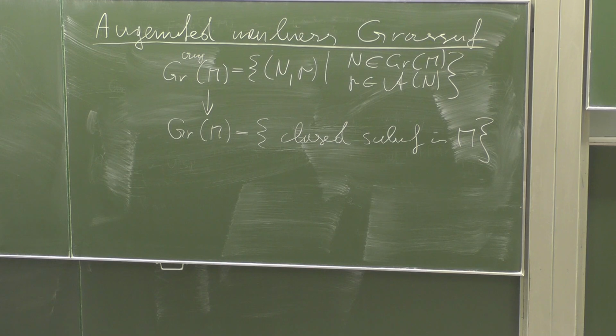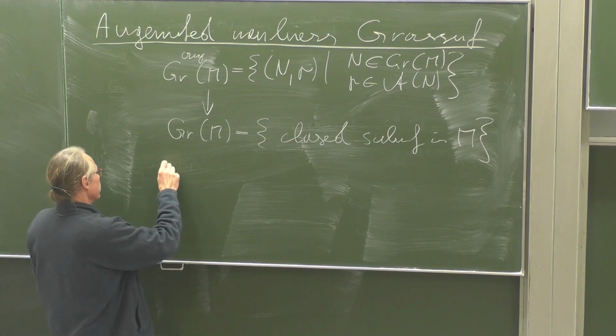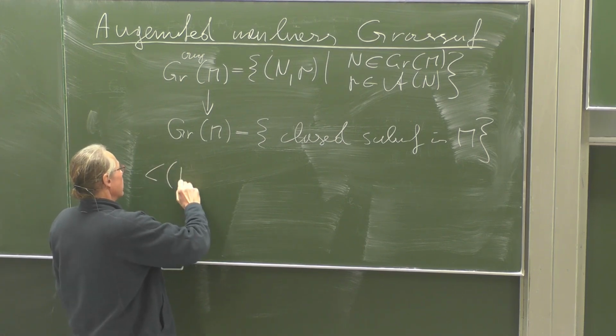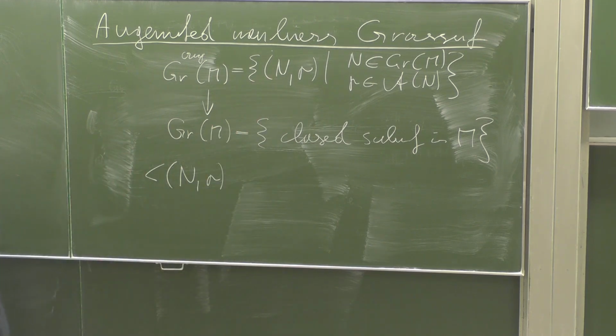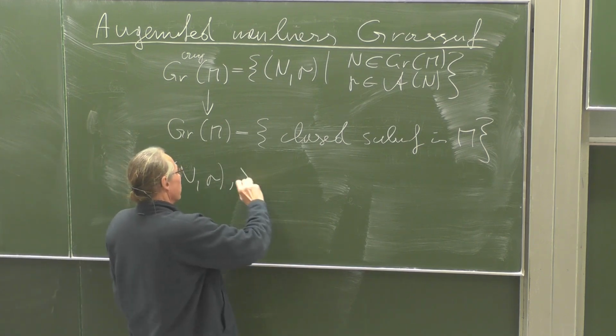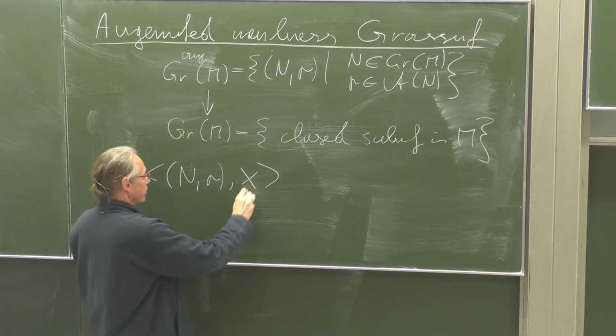Purpose of the talk. So what do we want to do with the augmented Grassmannians? We want to use them to produce elements in the dual of a Lie algebra, pairing them with vector fields. We want a pairing that takes an element in this augmented nonlinear Grassmannian and pairs it with a vector field.